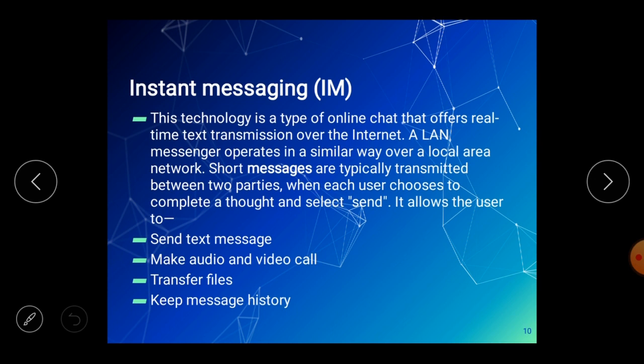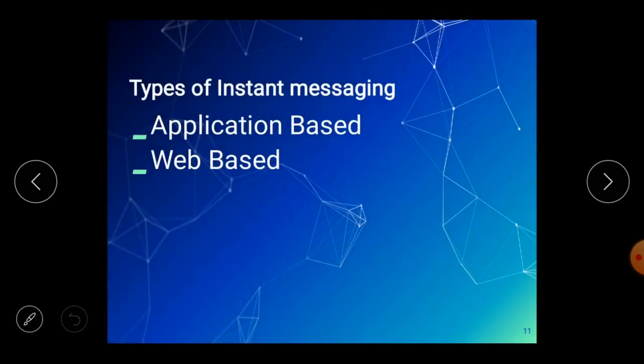These types of messaging services keep the history of the messages sent from your system or received by any particular network or person. So when trying to understand instant messaging, just keep in mind what you are all doing on WhatsApp.